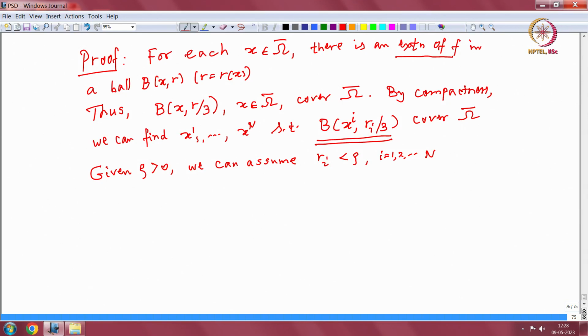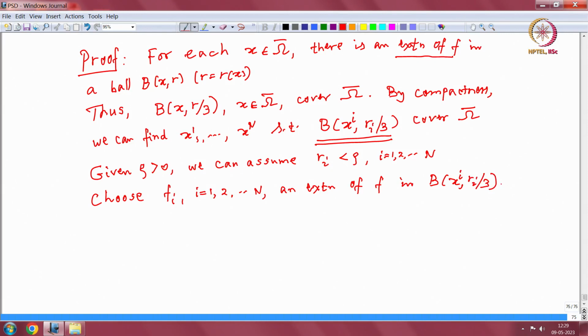So choose fi, i equal to 1 to n, an extension of f into B(xi, ri/3).